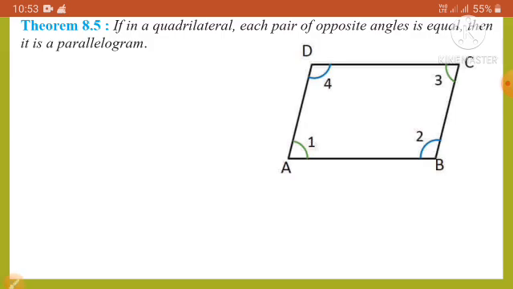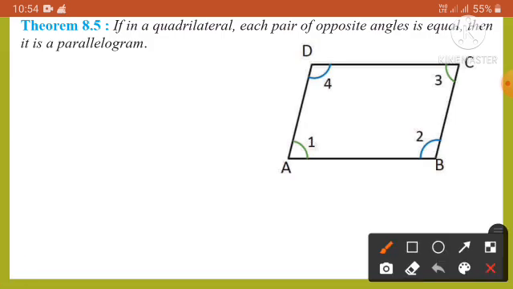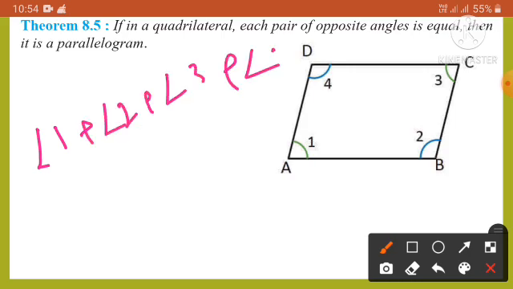We know that by angle sum property of a quadrilateral, all four angles equal 360. So angle 1 plus angle 2 plus angle 3 plus angle 4 equal to 360. We know that angle 1 equal to angle 3, angle 2 equal to angle 4.